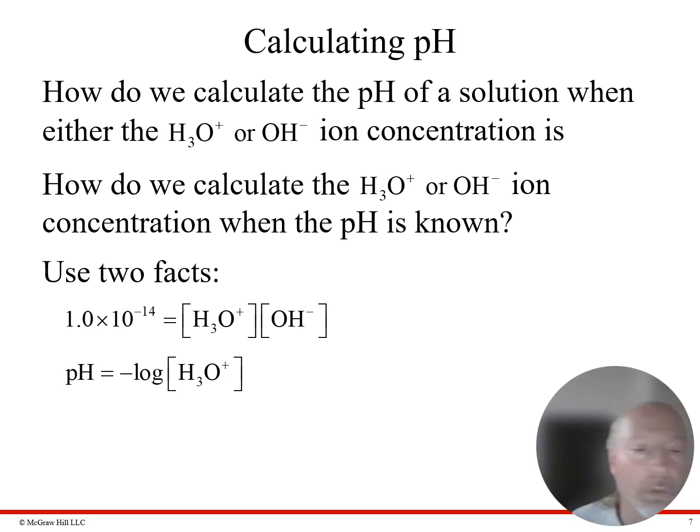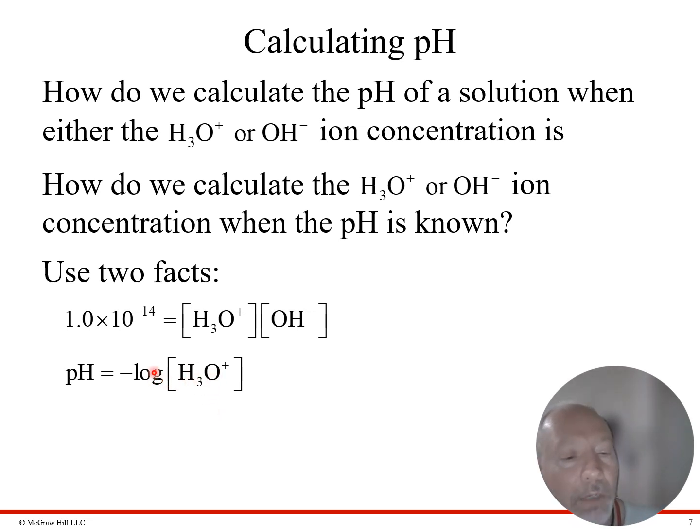Kw, of course, is 1.0 times 10 to the negative 14th. And so we know that the hydronium and hydroxide concentrations in a dilute aqueous solution of acid or base always multiply to equal this. And so if pH equals the negative log of hydronium cation, we can take the molarity of the hydronium cation and take the log of that with our calculator.